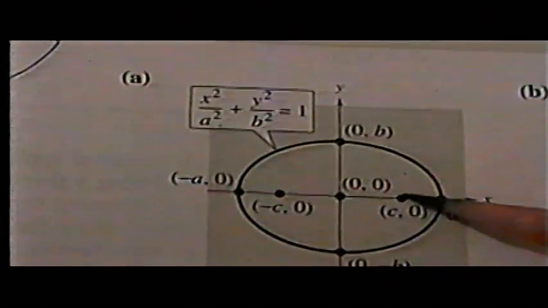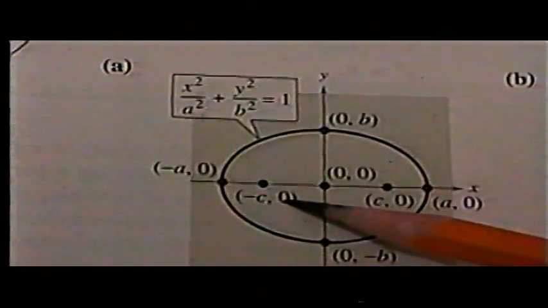Now if you look at this, you can see the label for the focus. You have the point (-c, 0) for this focus if you're along the x-axis, and you have (c, 0) for this focus if you are along the x-axis. For the vertices, you have (a, 0) because the distance from the center to this point here is the major radius.